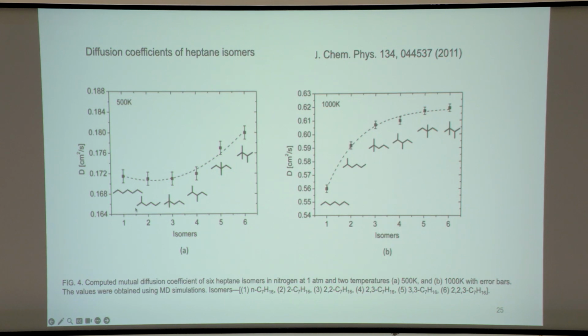Typical Chapman-Enskog theory, Lennard-Jones, assumes molecules are spheres based only on the molecular mass, so things like branching are not really accounted for in that theory. So you start to see they can have some changes. And she shows that at 1000 Kelvin, the differences are even larger.